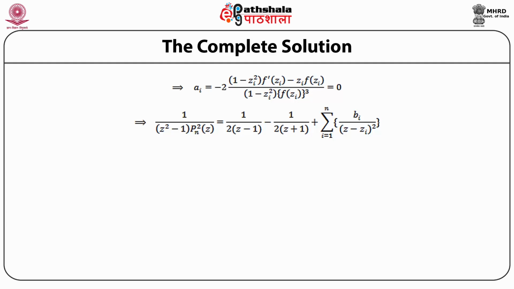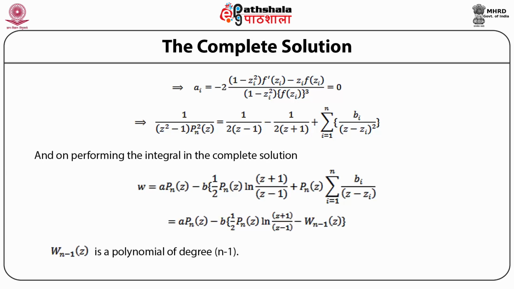This is equal to 0. Hence, 1 by (z square minus 1) into Pn square of z is equal to 1 by 2 into (z minus 1) minus 1 by 2 into (z plus 1) plus summation over i going from 1 to n of the terms bi by (z minus zi) square.